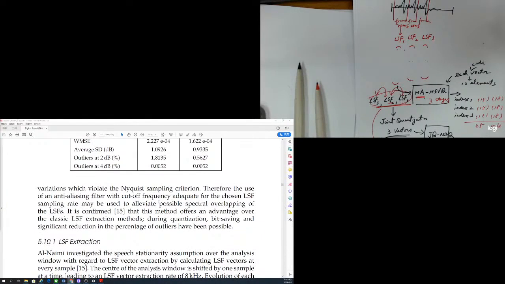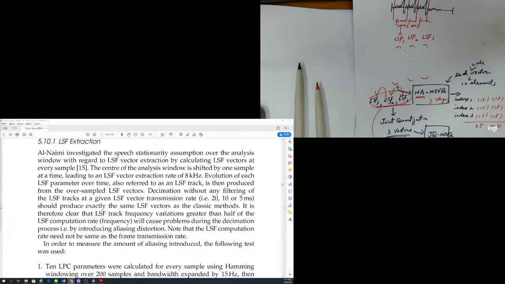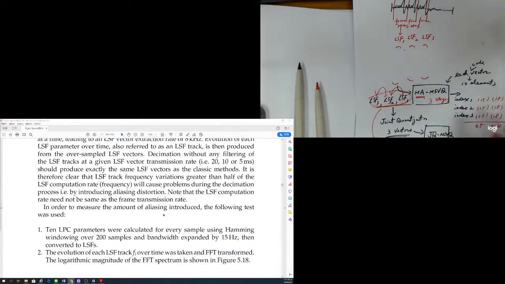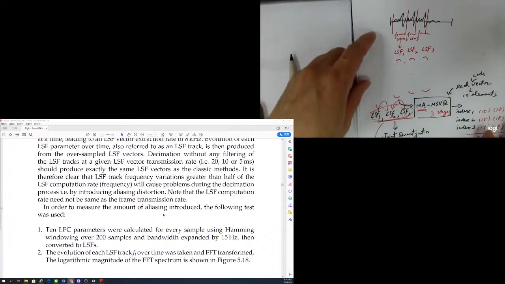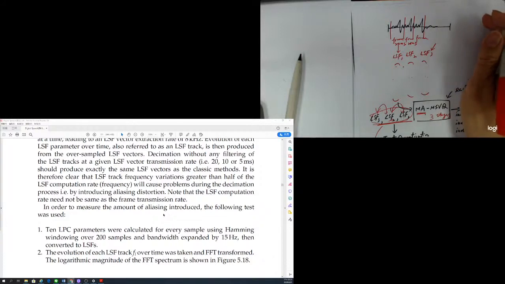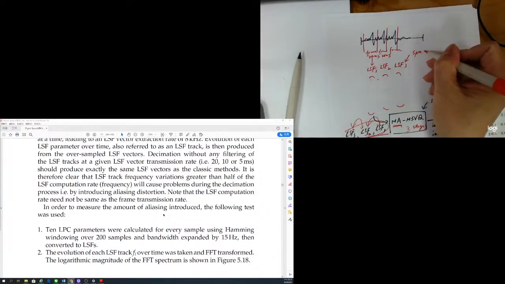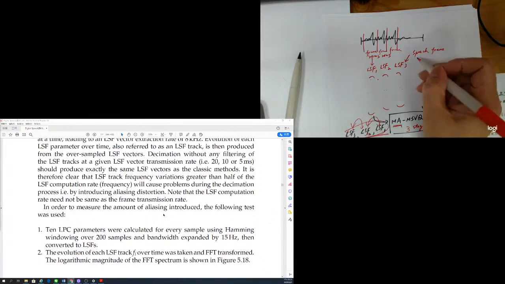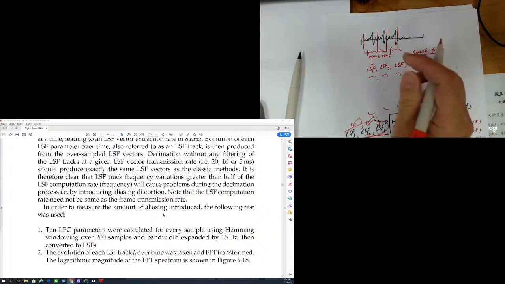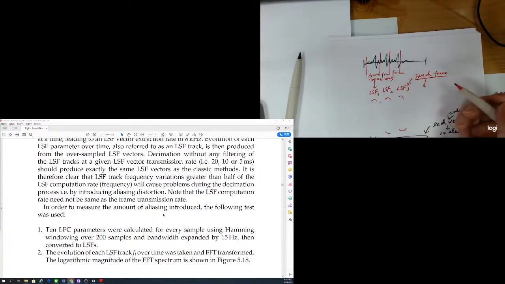Why? Because if you think about line spectrum pair, when we do line spectrum pair, we are based on our speech frame. Based on speech frame, we try to partition your waveform into many speech frames.